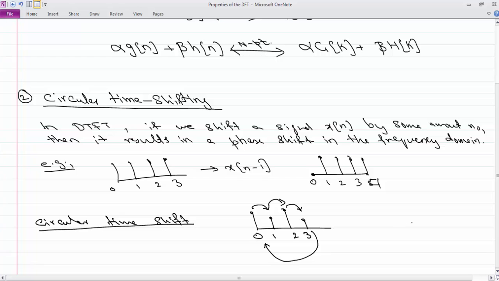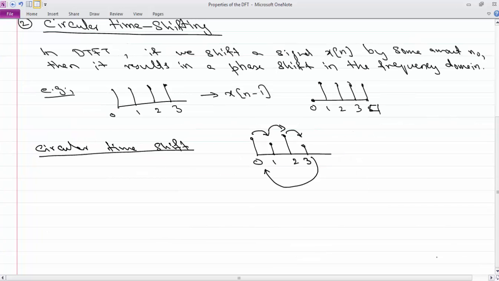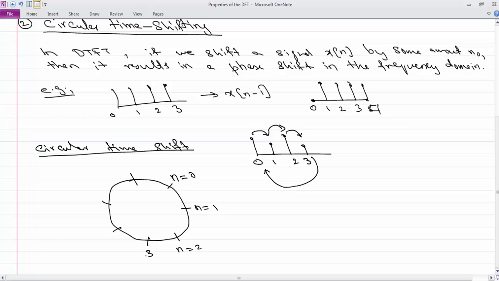So another way of thinking of this is like two dials. You have two circular dials where the outer dial corresponds to the indices of your time sequence. So you have n equal to 0, n equal to 1, n equal to 2, 3, 4, 5, and let's say this is N minus 1.